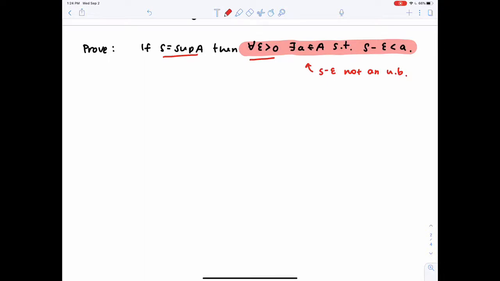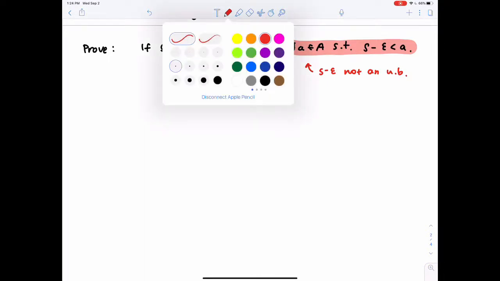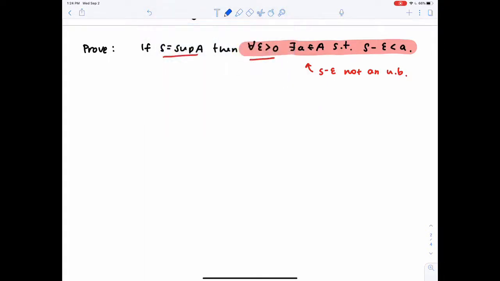And let's just think high level for a moment what we're trying to do. We're saying we know that S is an upper bound and that it's the supremum. So that means when we say this part right here, we know that S satisfies the definition of sup A. And we want to show high level that S minus epsilon is not an upper bound.